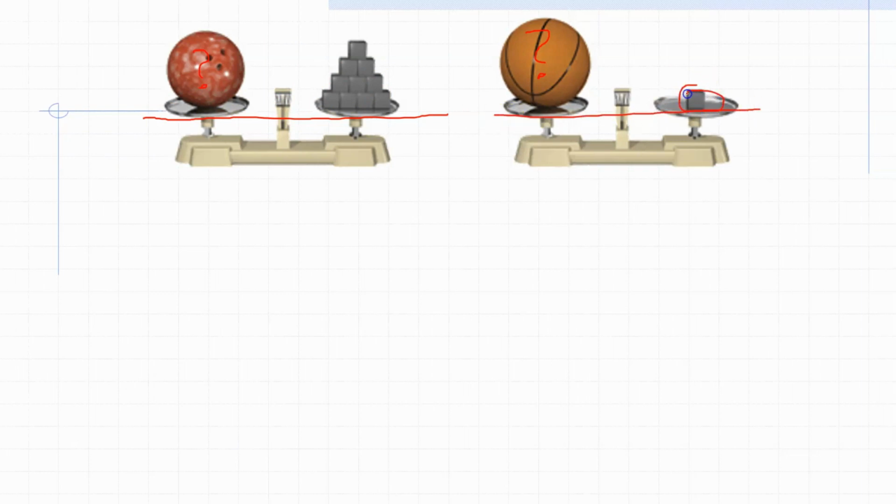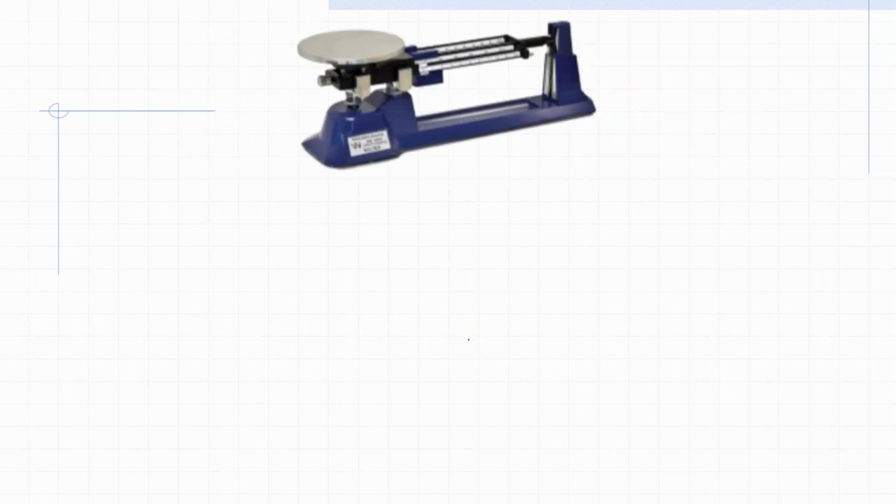Let's say this is 1 kilogram. We'd call that basketball 1 kilogram. It's probably not 1 kilogram, but comparison, that's 1, 2, 3, 4, 5, 6, 7, 8, 9, 10. So the bowling ball makes up 10 known masses, maybe kilograms. The balances that you have in your laboratory to work with are these balances.